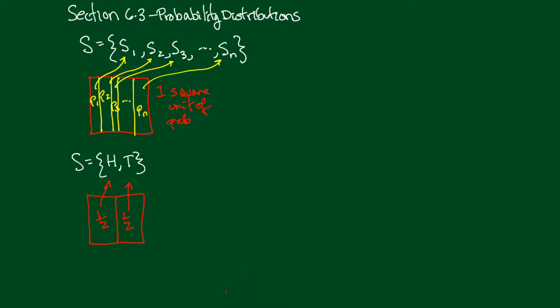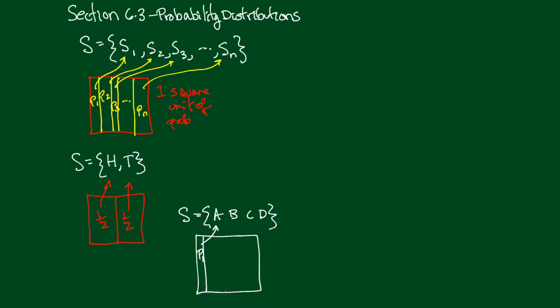Here's another example. Suppose that we have this sample space here, S equals, and in it we've got maybe an A, B, C, and D, and here is our 1 unit of probability, and we're going to cut it up. Maybe I get a little bit right here. I'll call it P1, and I put that to the A. So I'm saying that the probability that A occurs is this number right here, P1, whatever it is, 0.2 or whatever.